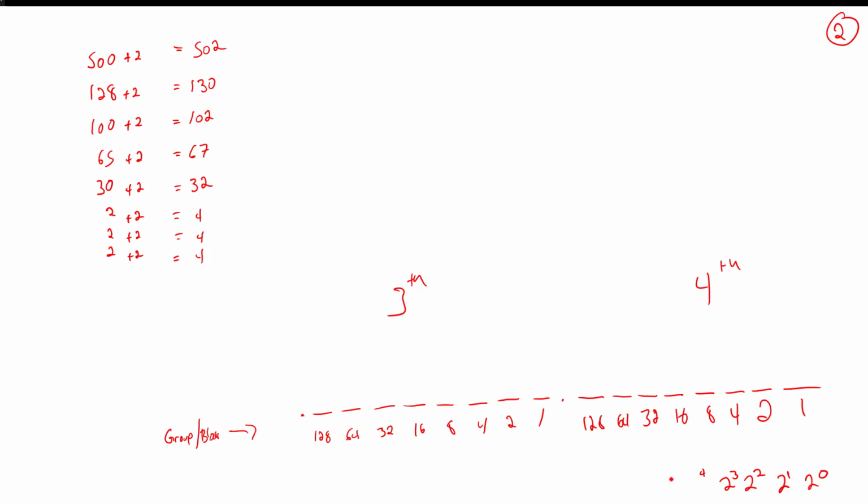So that is the first part. Alright, so the next one is our host. And again, we start with 1 and we just double it. 2, 4, 8, 16, 32, 64, 128.